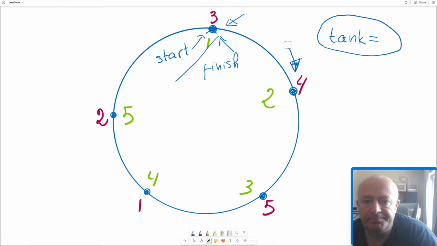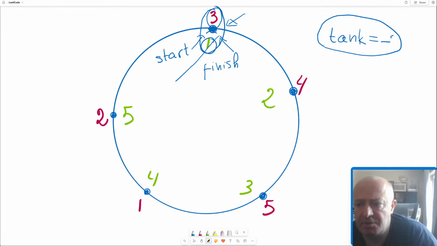So here is roughly what I'm going to do. We start with start and finish pointing to the same point. Now, we're going to calculate tank. That will be gas minus cost, and it's some number. In this case, it's -2, right?